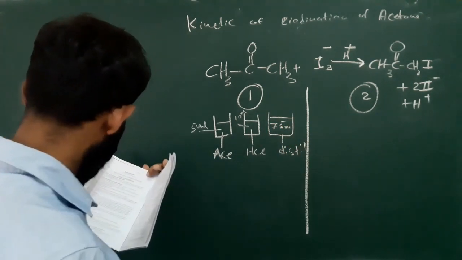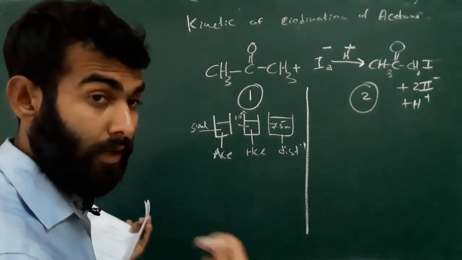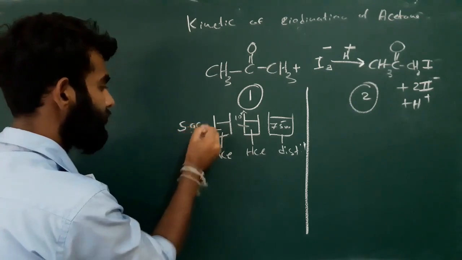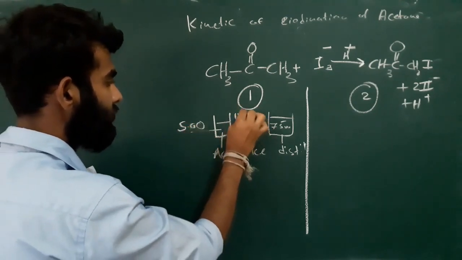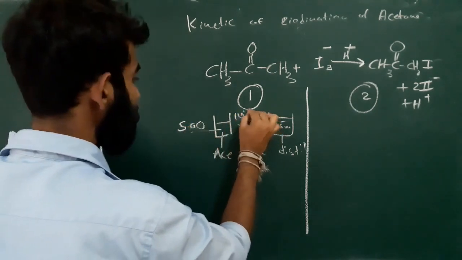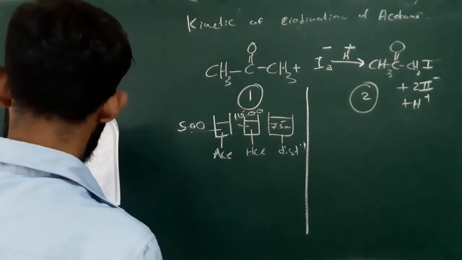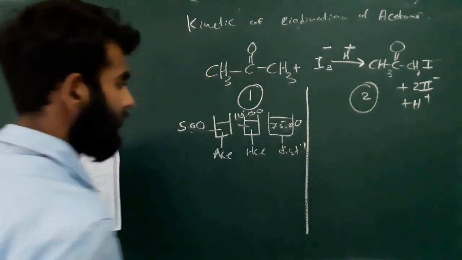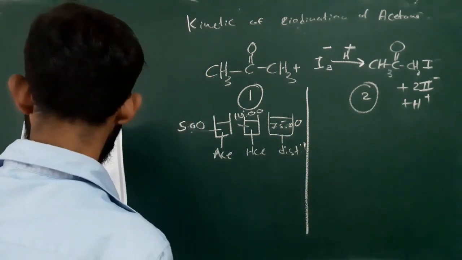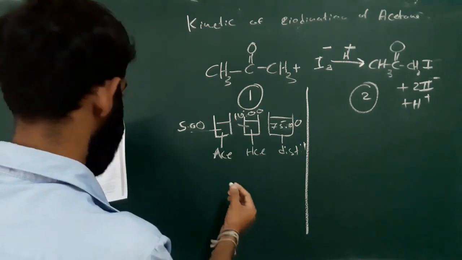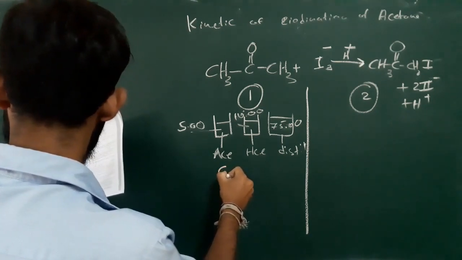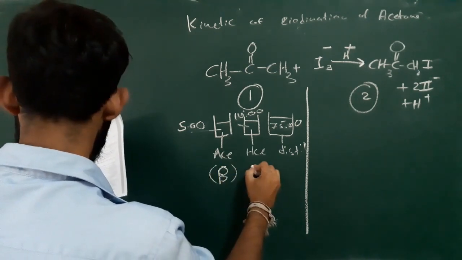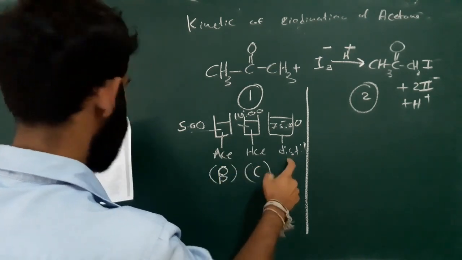We have to take care about the decimal places. Here they mention 5.00, 10.00 HCl and 75.00 ml distilled water. So acetone is known as solution B, HCl is solution C, and distilled water.